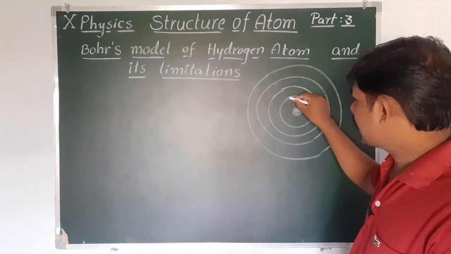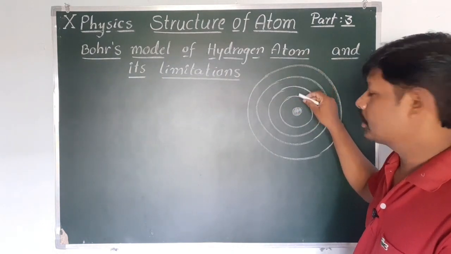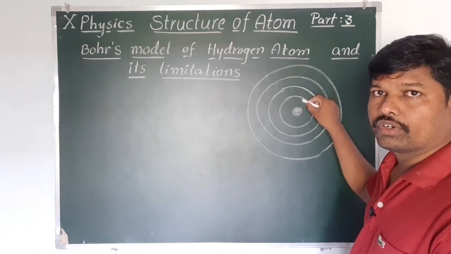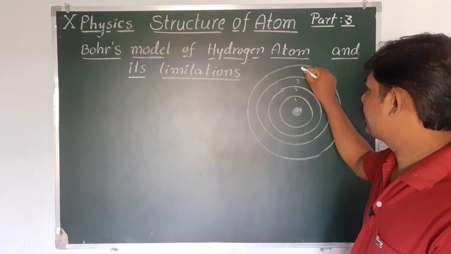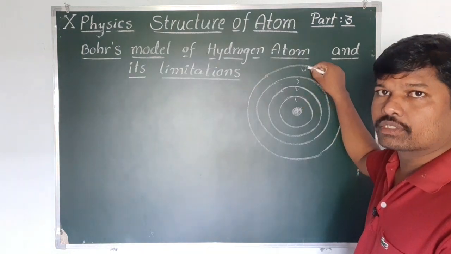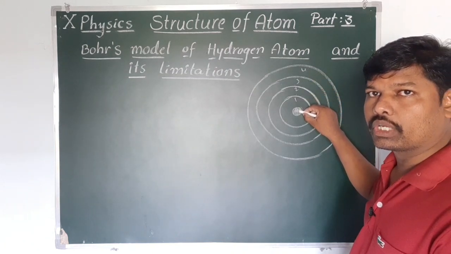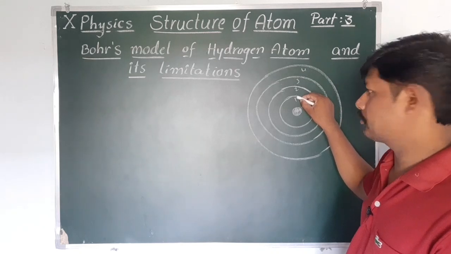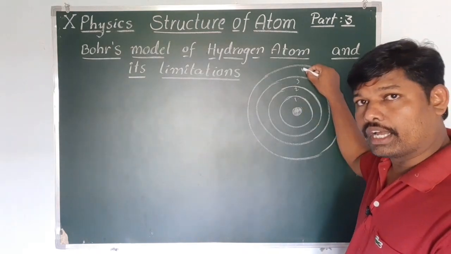When the shell is farther away from the nucleus, it has high energy. This is low energy. So this is shell 1, 2, 3, 4. The shell which is away from the nucleus has more energy. The shell which is closer to the nucleus has less energy. This first shell has less energy, and this one has high energy.